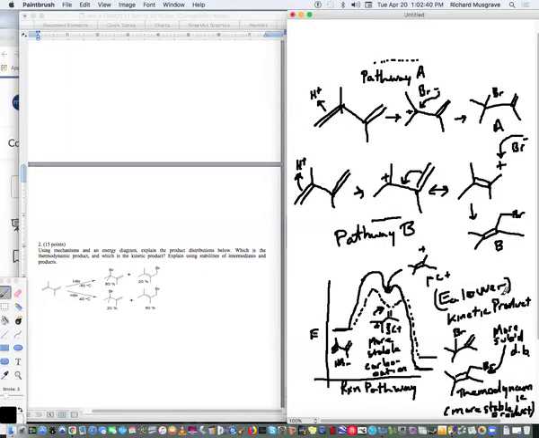You can label these with letters, A, B, C and D, and then put those on the diagram in the correct locations. As long as you're very clear about what's what and why something's more stable than the other, and what represents kinetic and thermodynamic products, I think you're good. Does anybody have any questions about number 2?